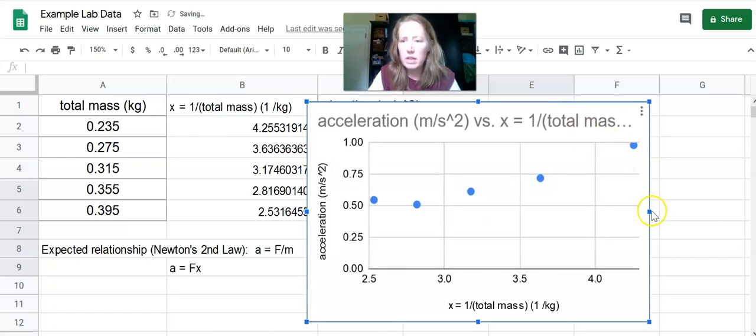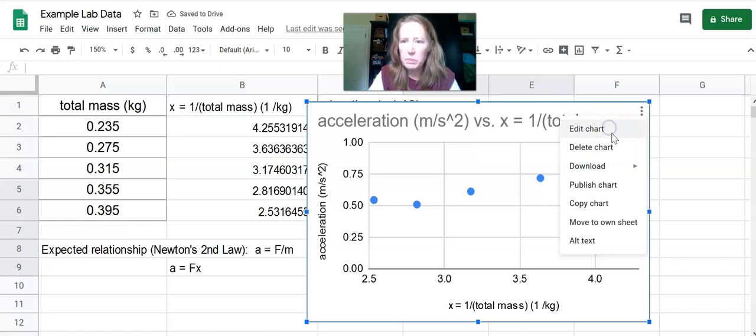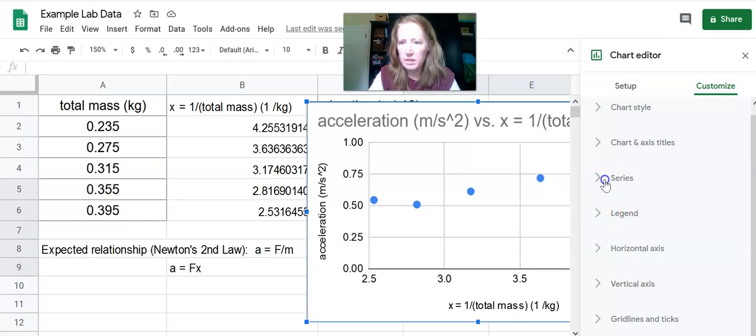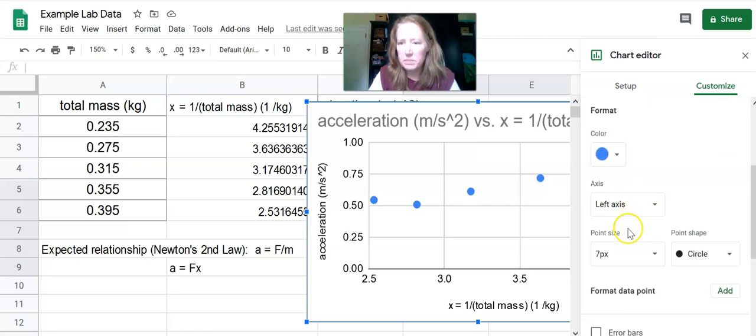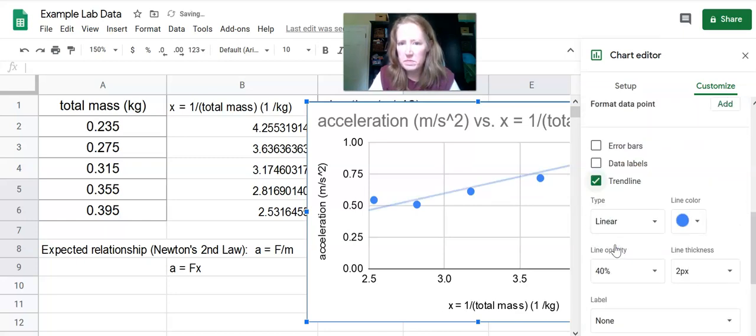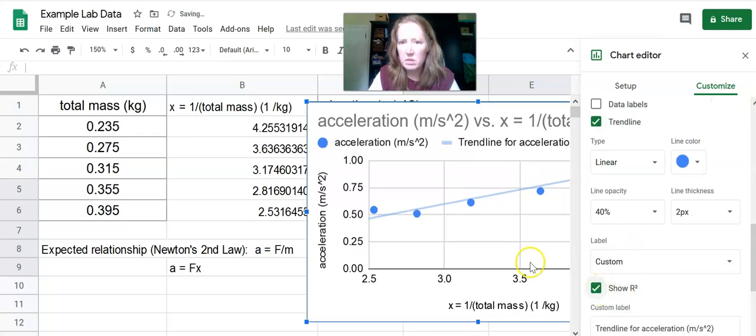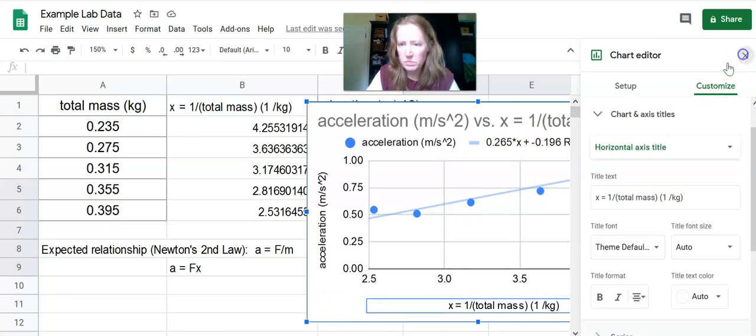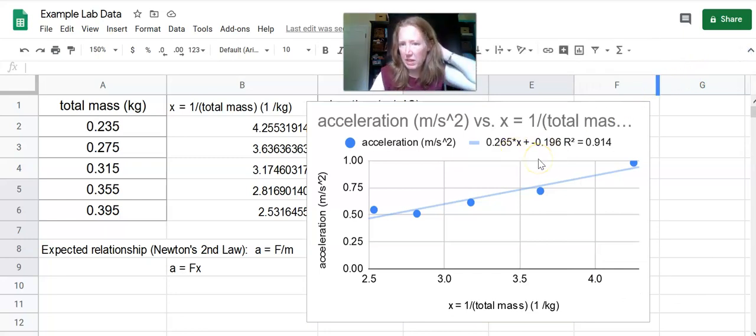So now in my linearized version, if I put my trend line in here, okay, then I have a strange y-intercept value.